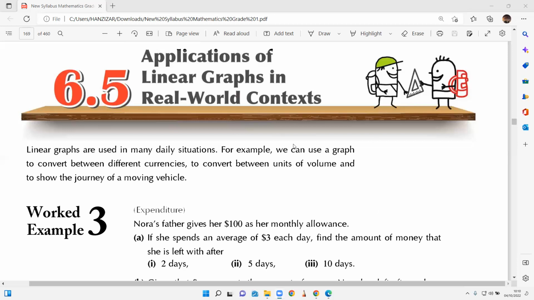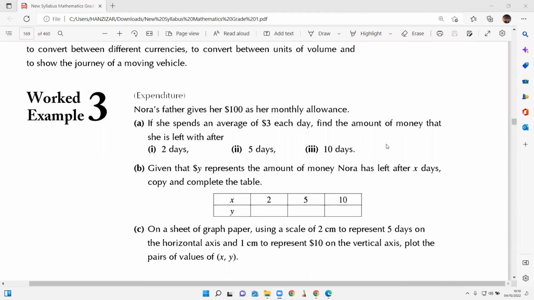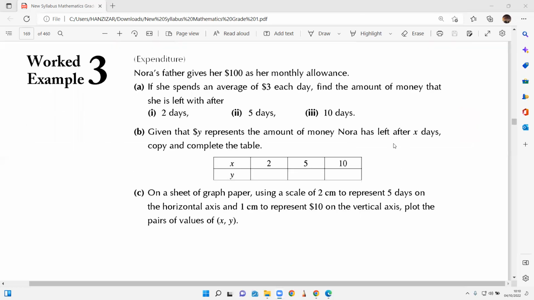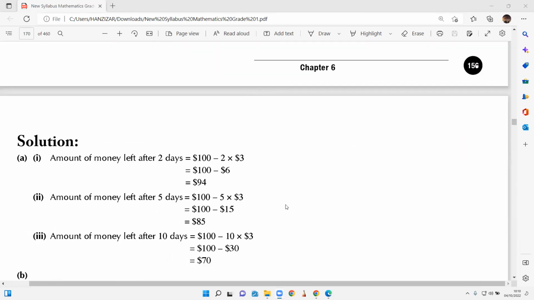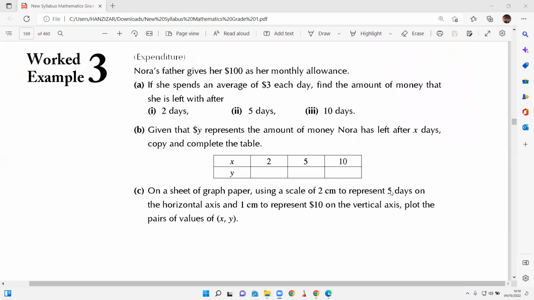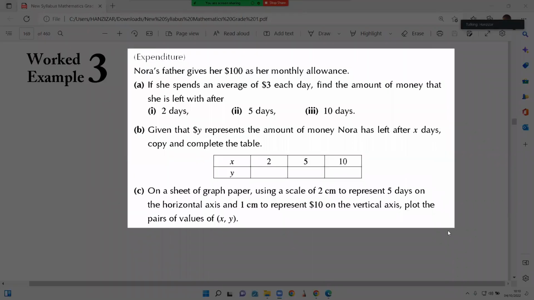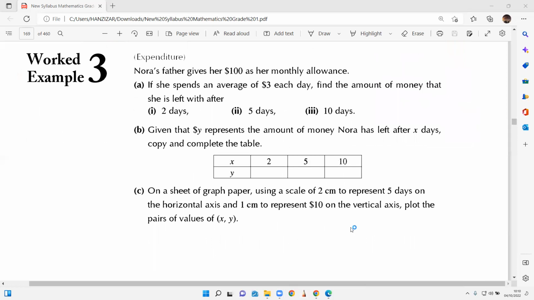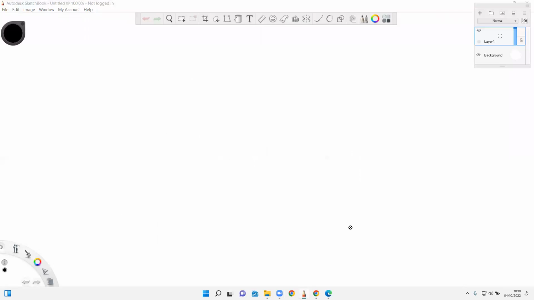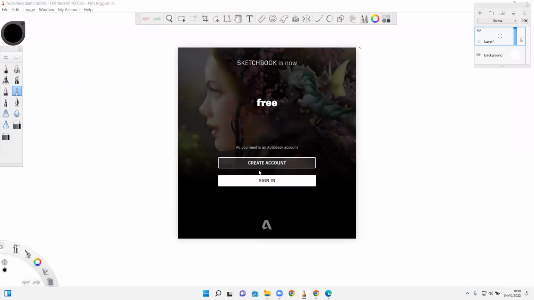Okay, so we deal with the real world problem. Let's do the worked example here at the bottom. But again, don't look at the answer. The solution is actually here, but I don't think we need that. We try to focus on the question itself. Please don't look at the solution yet. I will explain the worked solution with my version.